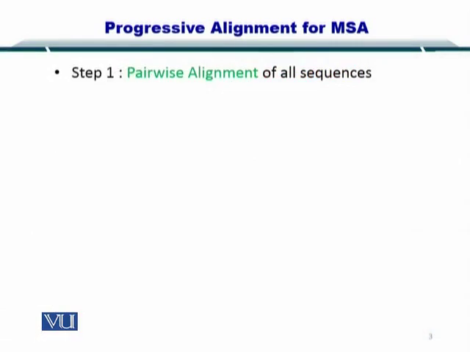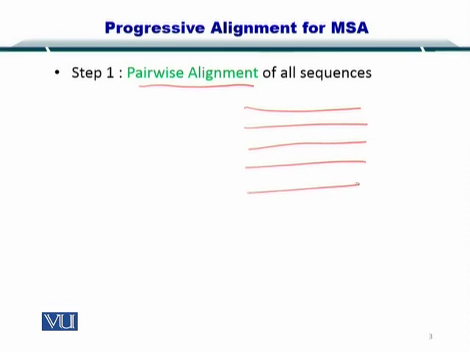So as a first step in progressive alignment for MSA, you perform pairwise alignments on all sequences. That is, you take these sequences and you align sequence 1 with all other sequences. So you will be aligning 1 with 2, 1 with 3, 1 with 4, and 1 with 5.